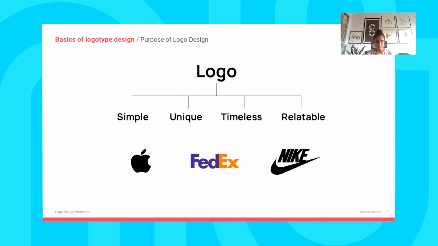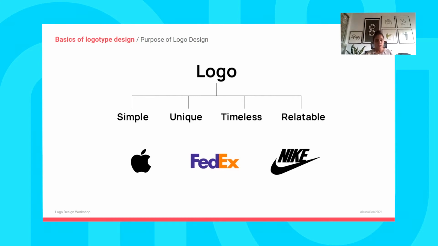And there are some other qualities that are not included here. Let's say a logo should be adaptable. If a company decides to change a logo in the future, then they'll be able to do it without changing the main concept. And then a logo should be scalable.